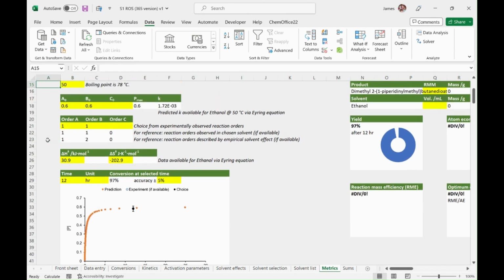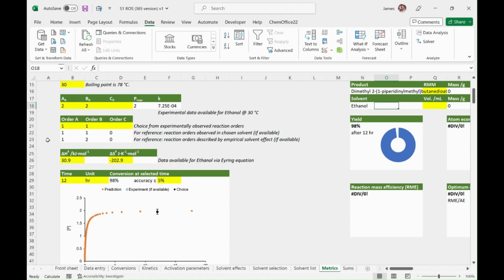I could then compare that change of temperature to an increase in the reagent concentrations, and it might be more beneficial to have a high concentration reaction and get a faster rate of reaction that way than to increase the temperature. So you can explore those variables with this data sheet.